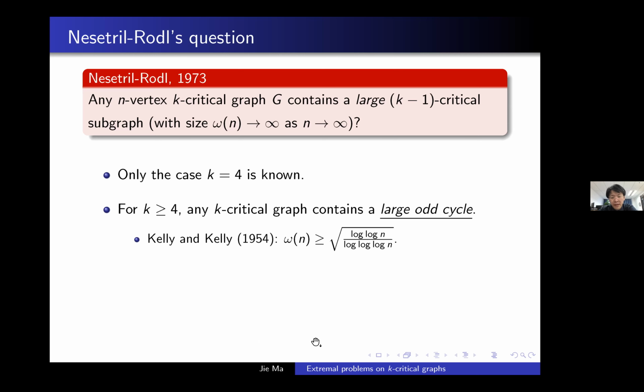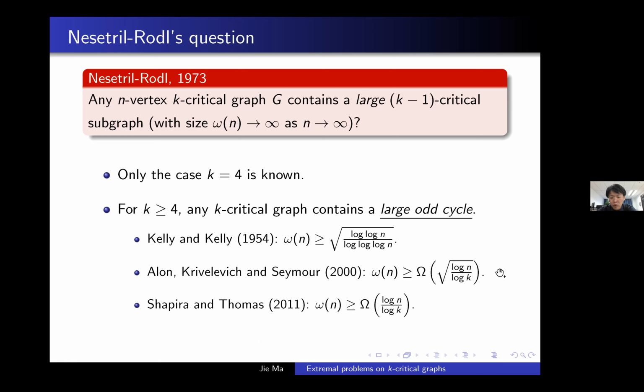But if we are interested in finding large odd cycles, then there are many known results. For example, the old result of Kelly gave us the first bound going to infinity, and a nice result of Noga Alon, Krivelevich, and Sudakov tells us that this is at least square root log n.